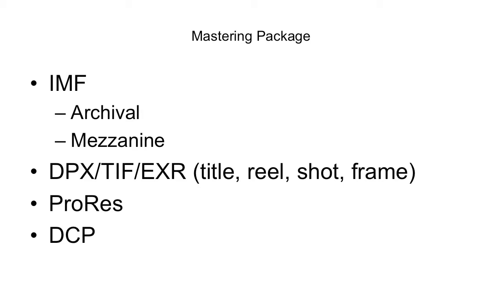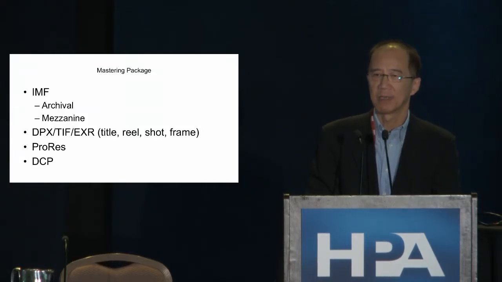And the other mass amount of content is in original after DI, the DPX, TIFF, OpenEXR, the uncompressed material. This is a little bit tricky because those are the sequences. So it has to be organized, and quite often come with a title, and come with reels, 6 reels. And then we have to break it down into shots and frame.